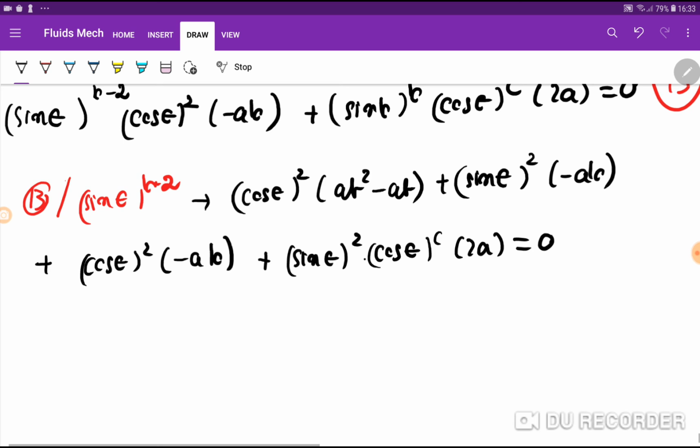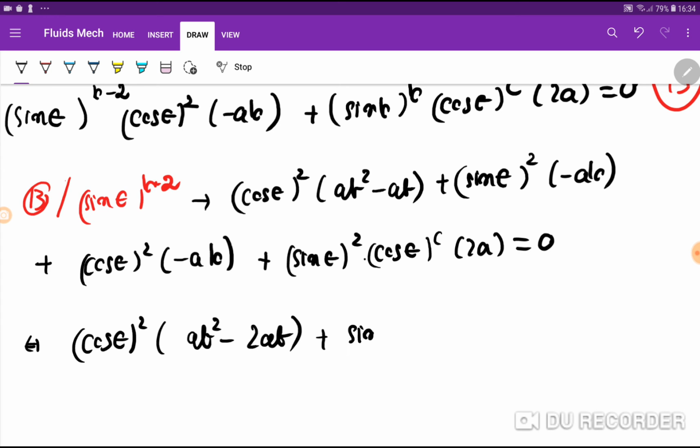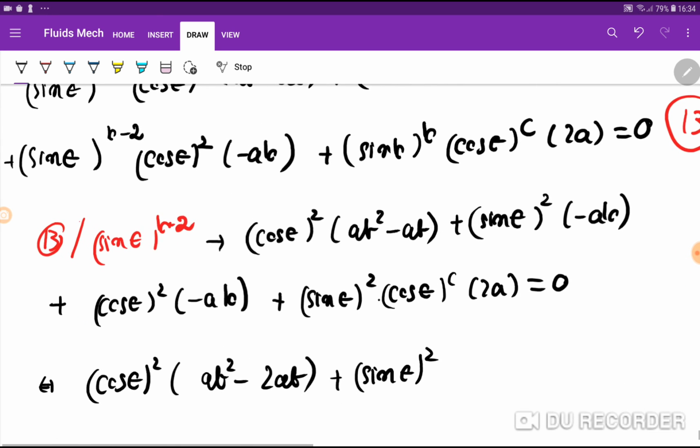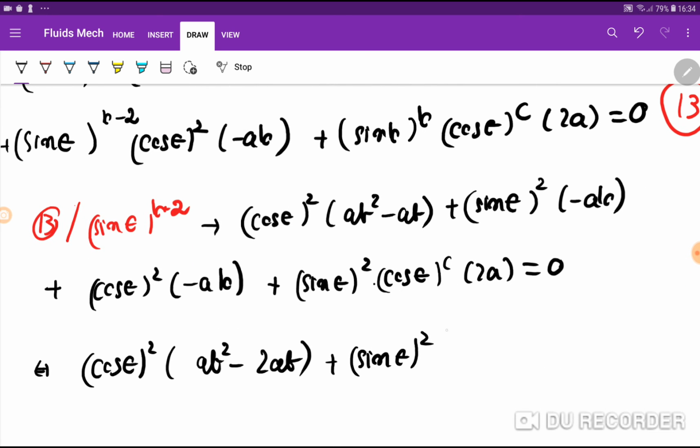Okay, I'm gonna factor out some terms. So cos theta square times ab square minus 2ab plus sine theta square... oh, actually, is c equals 0? Oh, c equals 0. This one should be 0. This should be 1. Oh my god, I'm sorry guys.